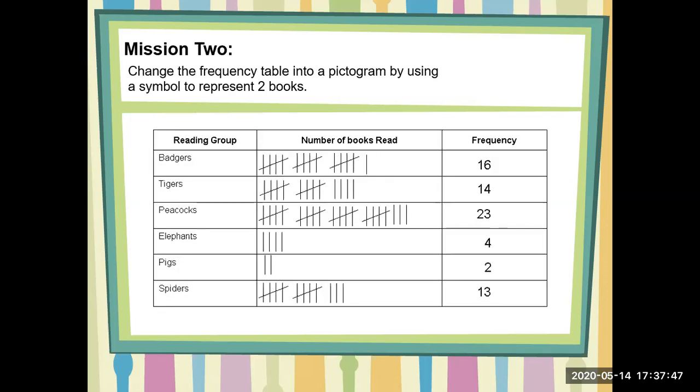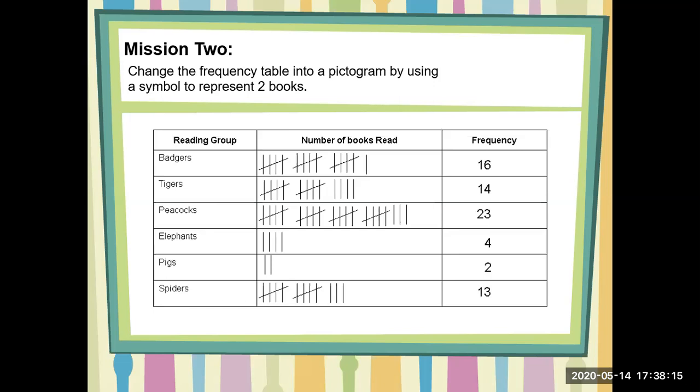Okay, we move on to mission 2. You're to change the frequency table into a pictogram by using a symbol to represent 2 books. So when you draw a symbol, it will represent 2. So now, what skills are you required to use here?